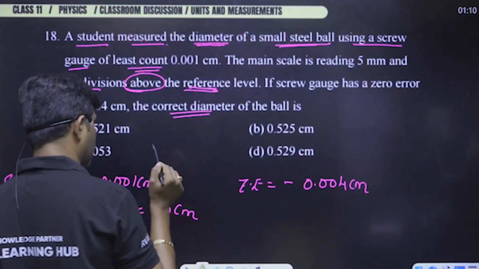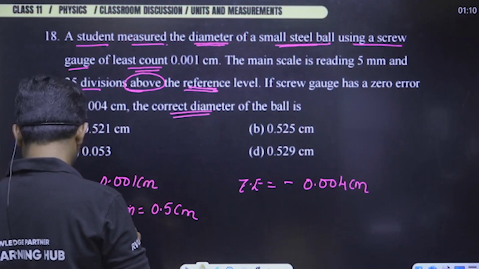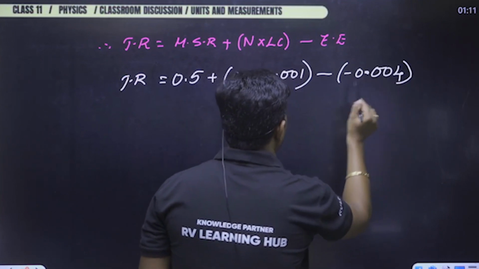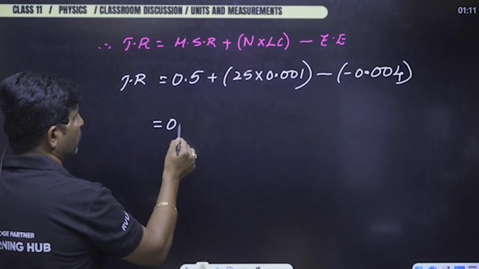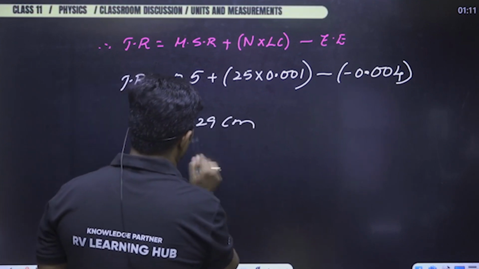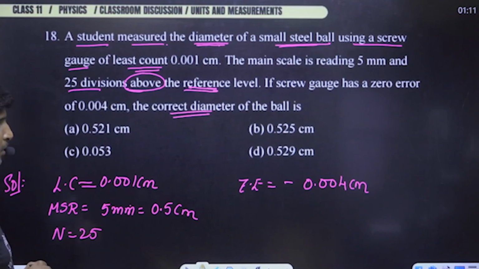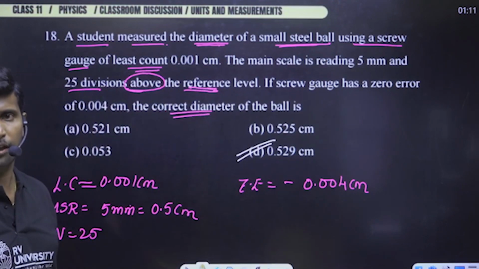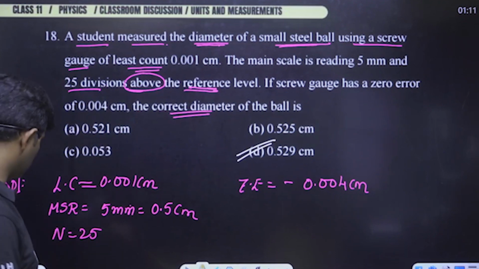What is the zero error they have given? Zero error is 0.004. So if you do simplification, you will get the answer as 0.529 centimeter. So what is the option we can say here? Option D will be the right answer. Okay. I hope you understood this question.